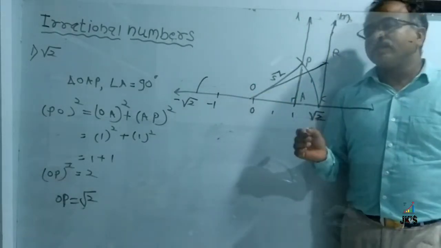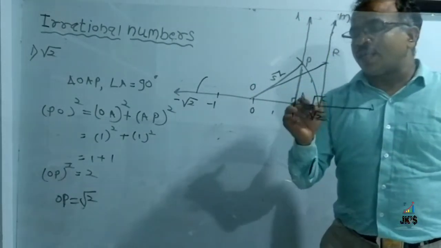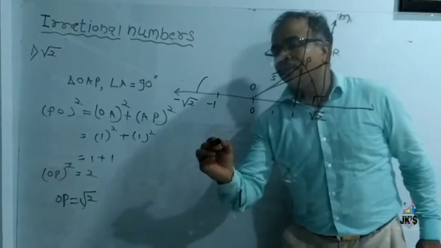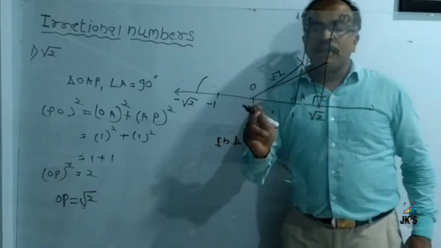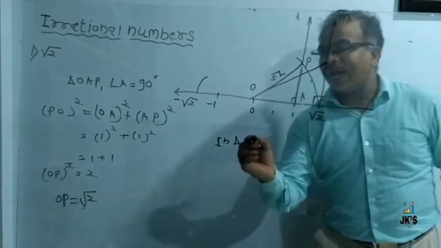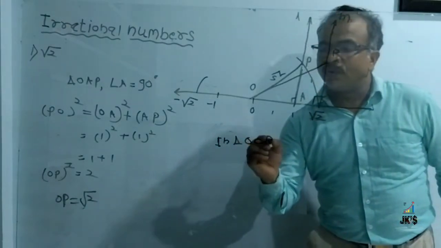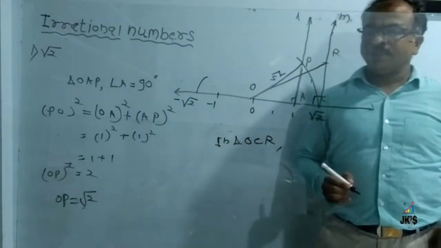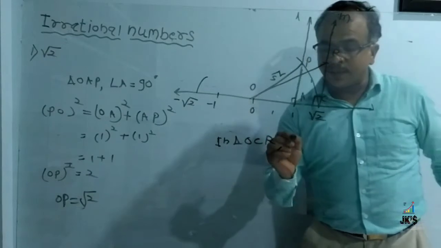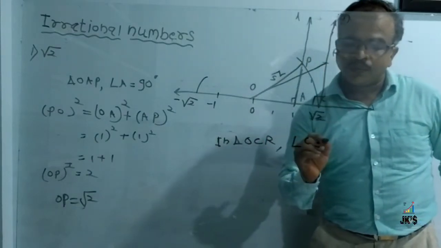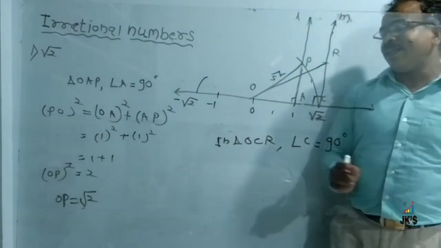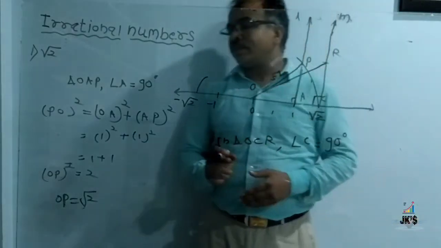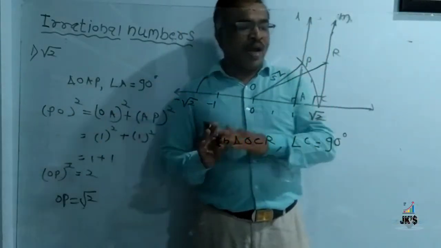Then again we get a right angled triangle, OCR. Angle C equals 90 degrees. Again, similar to this, we apply the Pythagoras theorem.